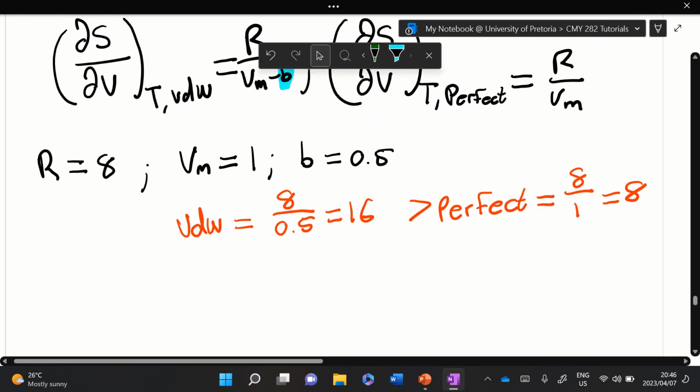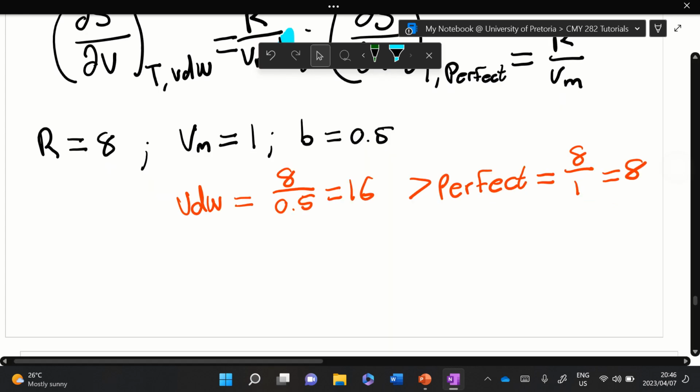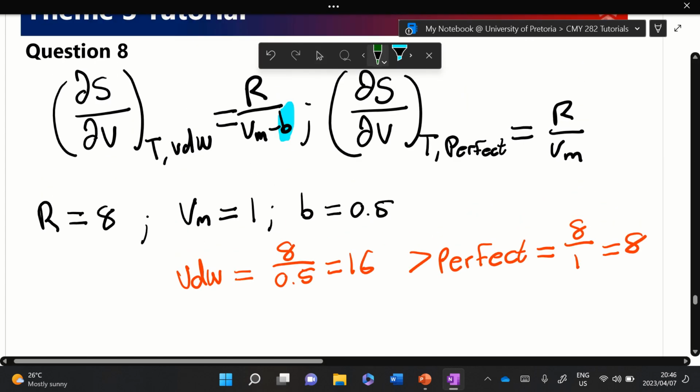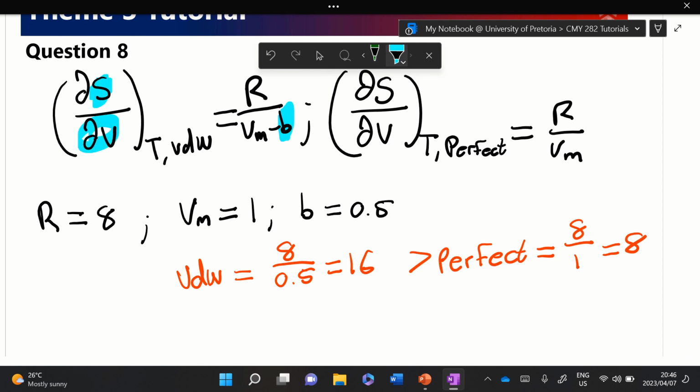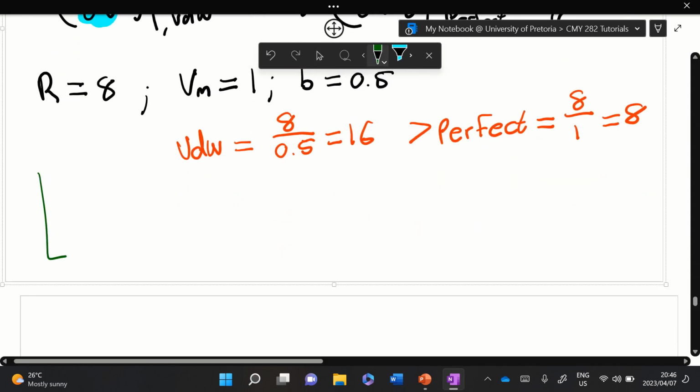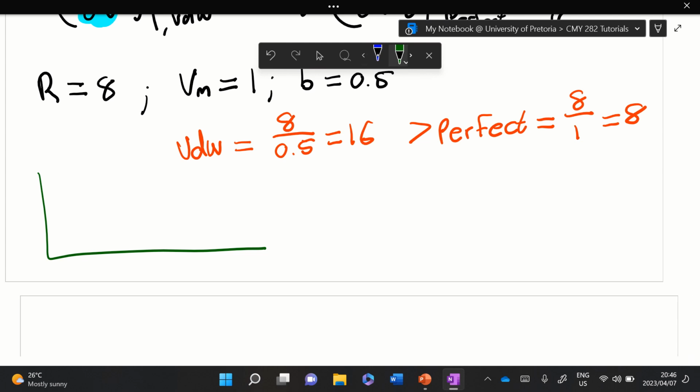So we expect with an expansion that the entropy will increase, because we're looking at how the entropy is changing with volume, in other words, with expansion. If you want to plot it, for a perfect gas we're seeing maybe something like that, and for a van der Waals gas, that.